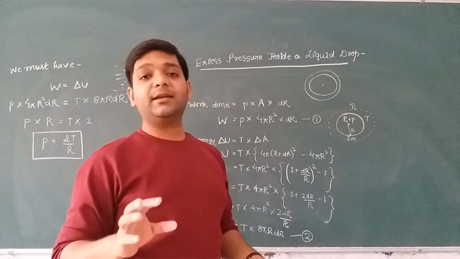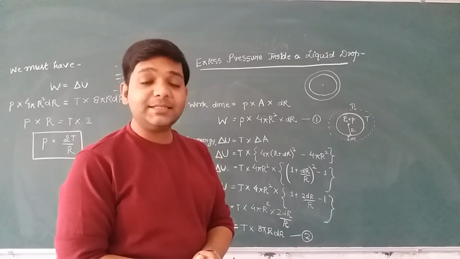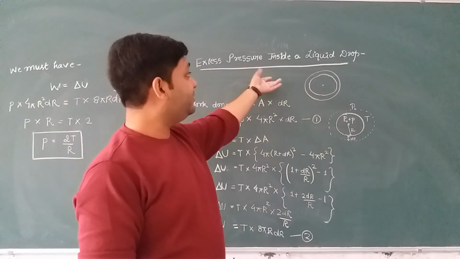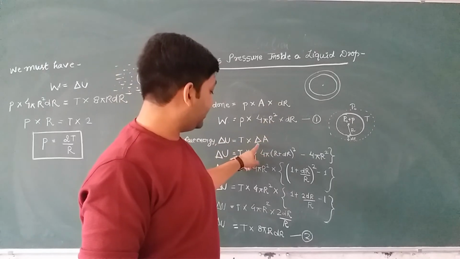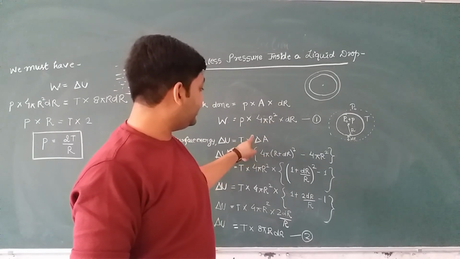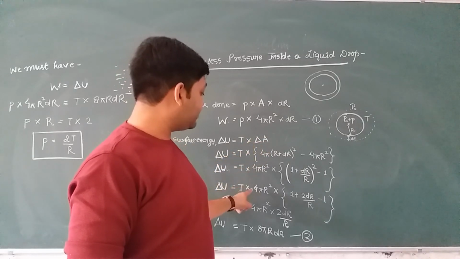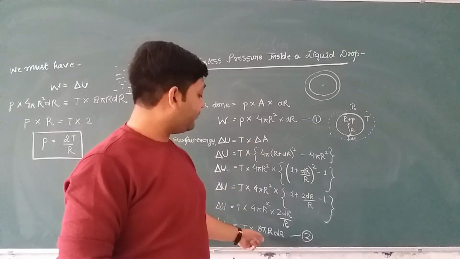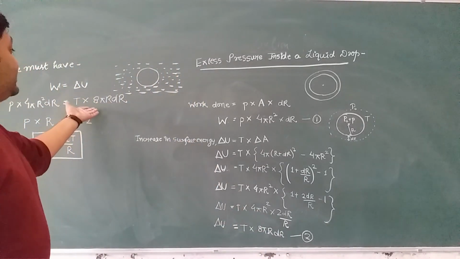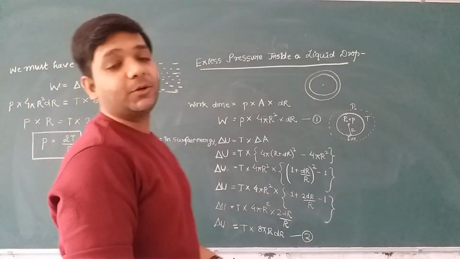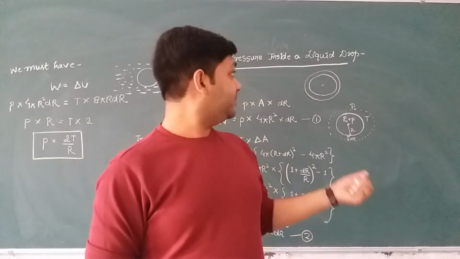So if we increase its radius from R to suppose R plus dr, then the increase in surface area will be double of that in case of a liquid drop. ठीक है, so we will multiply this by 2, so it will be actually 2 delta A, and all these things get multiplied with 2, and here we will have 2 into 8 pi r dr, which is 16 pi r dr, and when you put here the value 16 pi r dr, the expression comes out to be 4T upon r. Right? I hope this is clear to you.